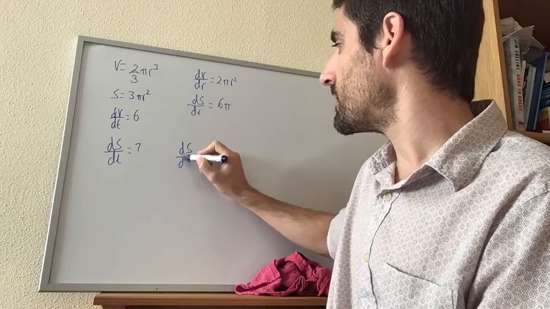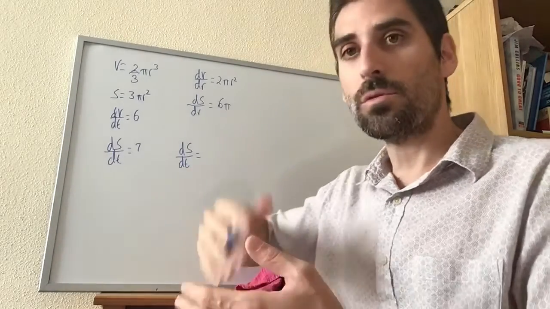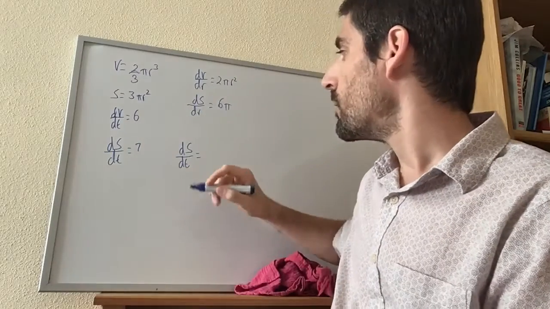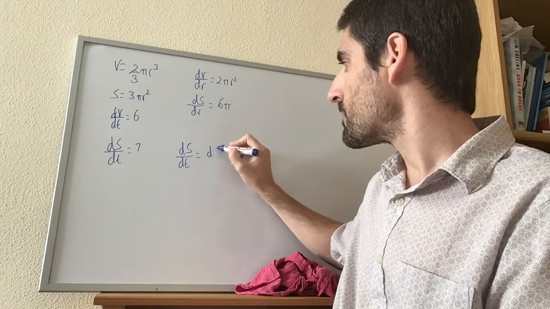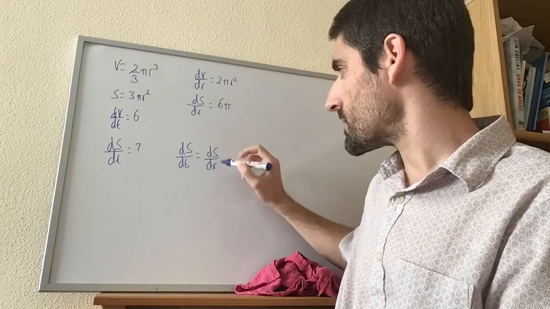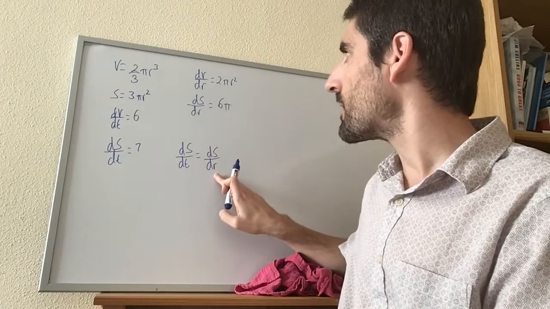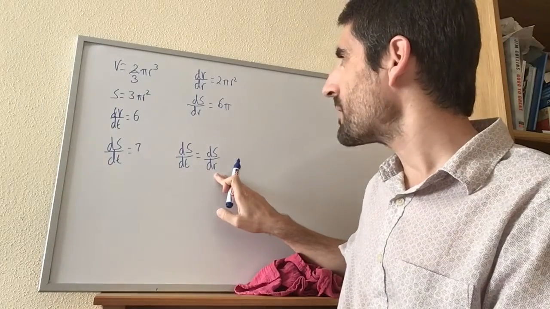dS over dt is going to be equal to something times something. Well, I've got dS over dr. So that's fine because the dS is going to be there, but I need to get rid of the dr. How am I going to get rid of the dr?